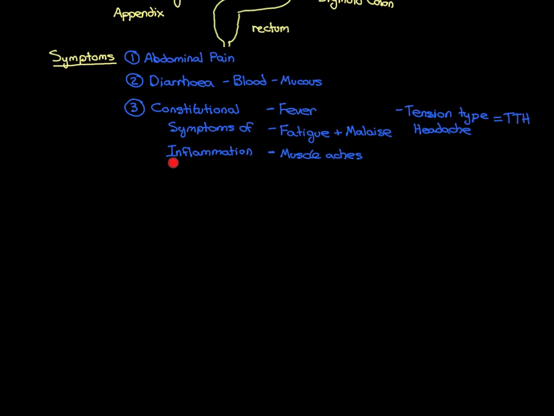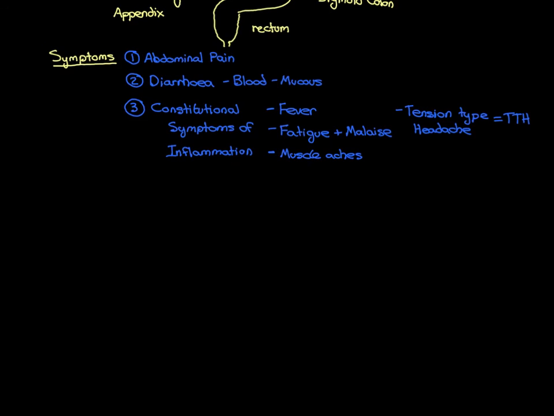So whenever you get inflammation occurring anywhere within the body, you can get some of these symptoms. The more inflammation you have, the more of these symptoms you will get, and the worse the symptoms will be. So we call these the constitutional, or you could call them the systemic or the global, symptoms of inflammation occurring in some local portion of tissue.